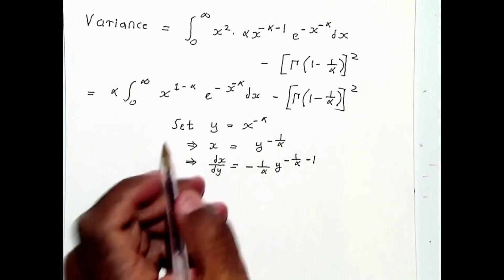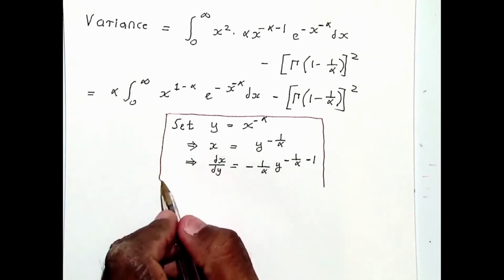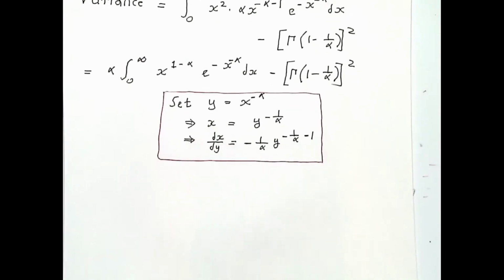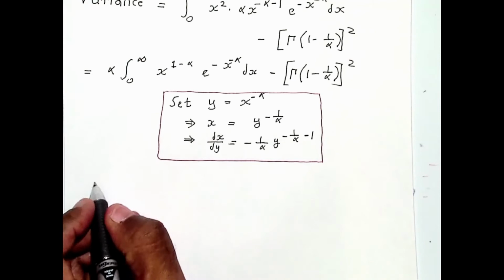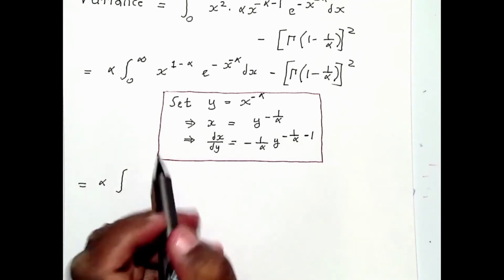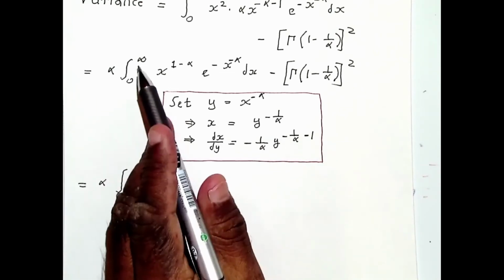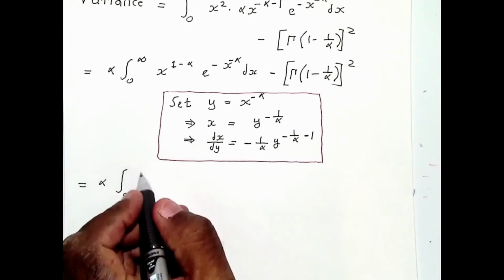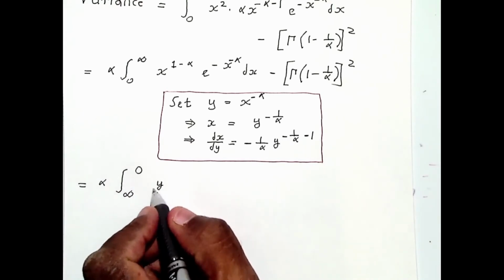Now let me put this in a box. Now substituting everything inside the box into the integrand, this is what you will get. You will get alpha. The limits will change. When x is 0, y will be infinity, and when x is infinity, y will be 0. So you will get the following.